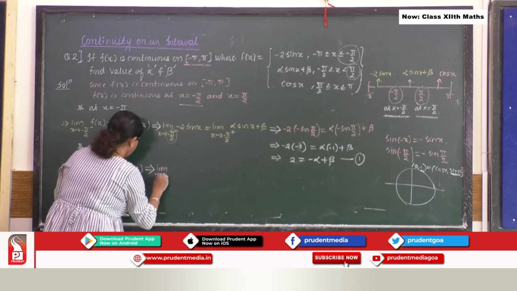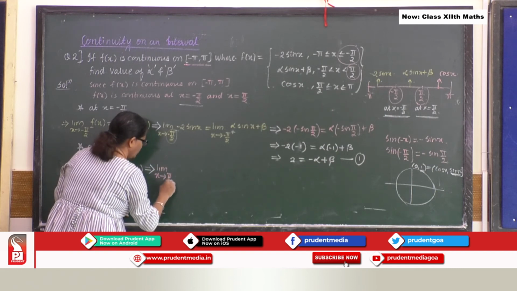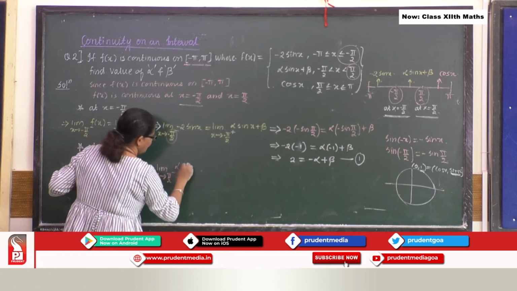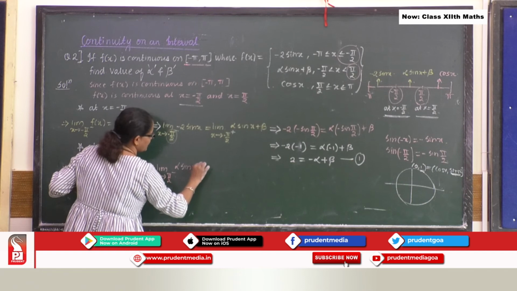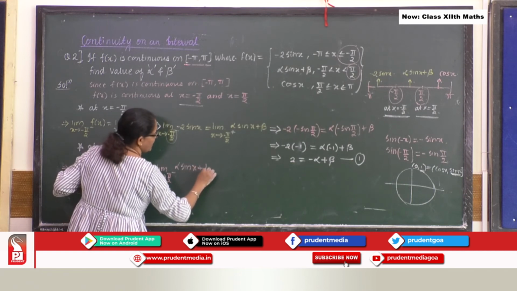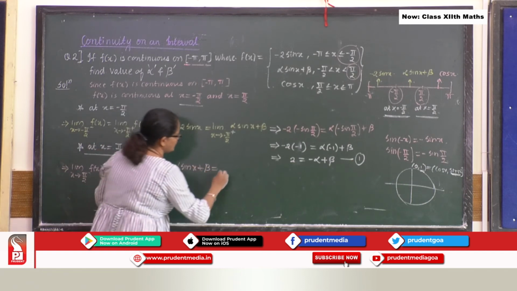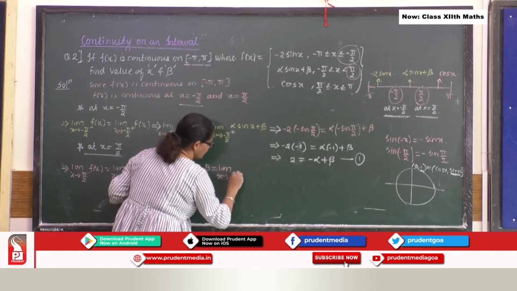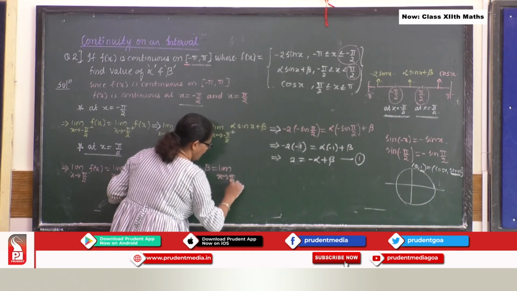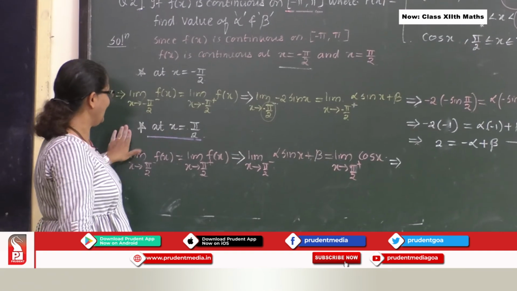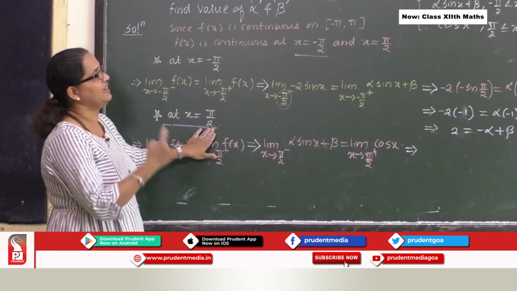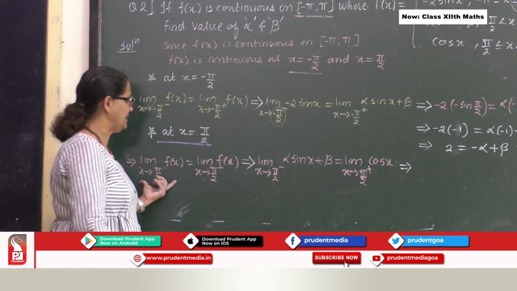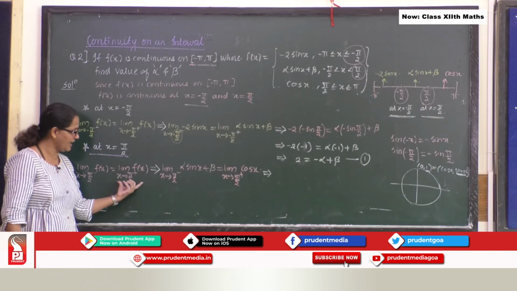At x equal to pi by 2, when we discuss continuity, we say our left hand limit is equal to our right hand limit.